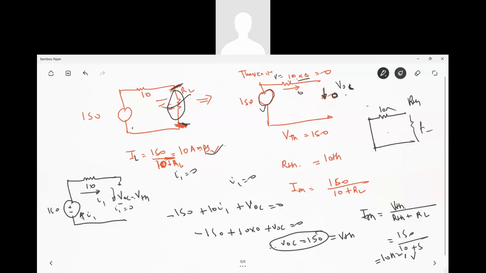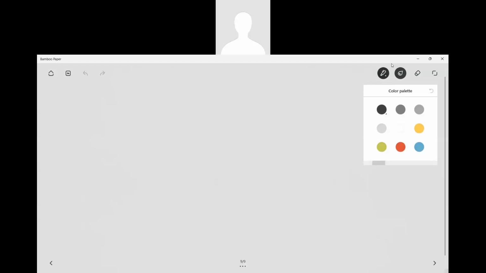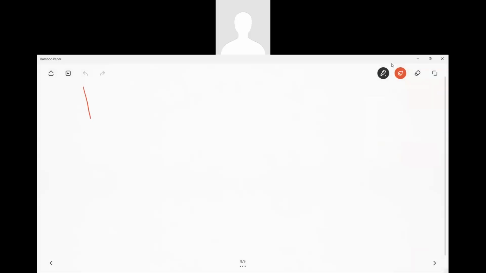Now, sometimes you have to do a bigger problem in your exam papers, and this type of problem will come. This is plus minus, your 24 volts. This is 10 ohm. This is 12 ohm. I'm recording this.